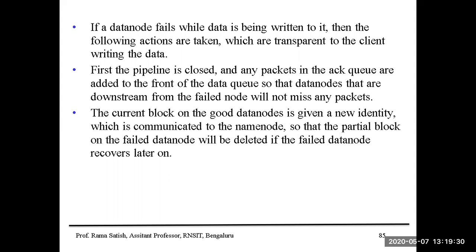Secondly, the current block in the good data node is given a new identity, which is communicated to the name node. So the partial block on the failed data node will be deleted if the failed data node recovers later.